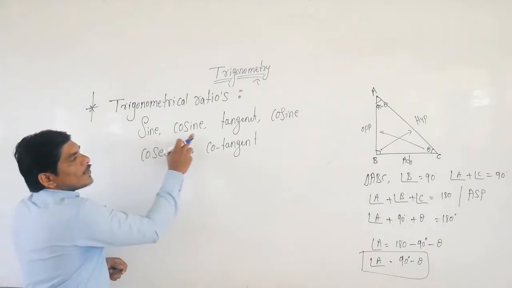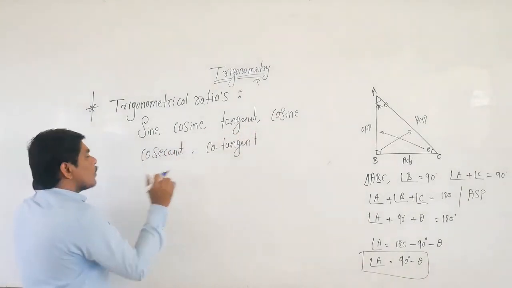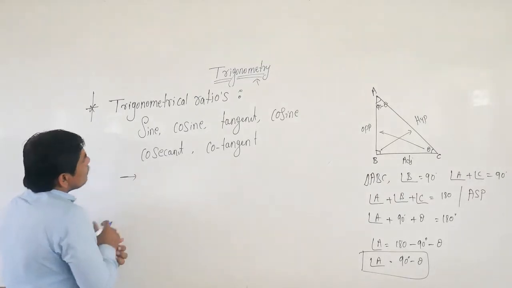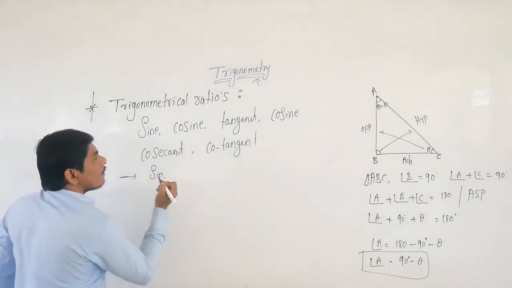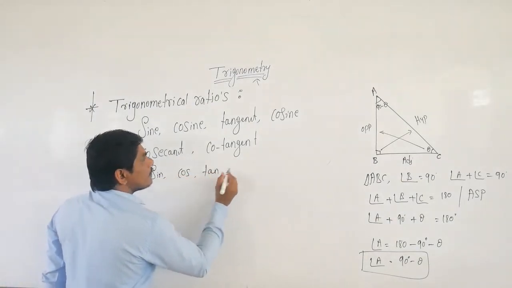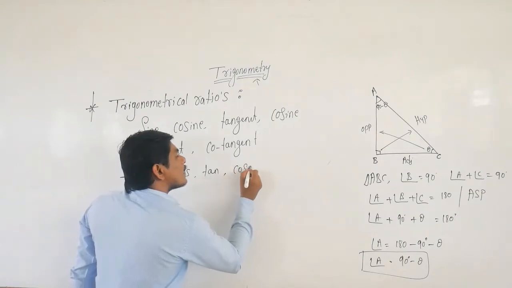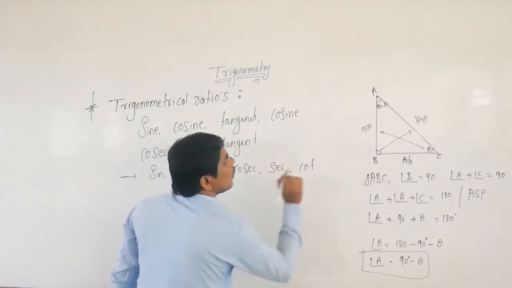Here sine, cosine, tangent, cosecant, secant, cotangent we write in the form of abbreviations: sin, cos, tan, cosec, sec, and finally cot.